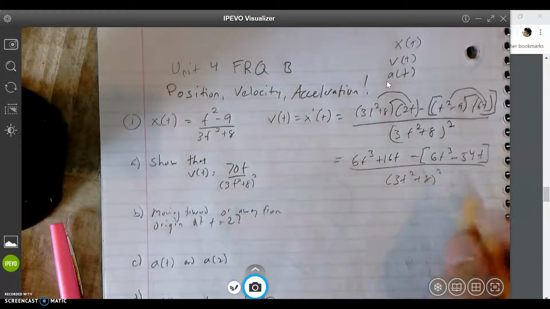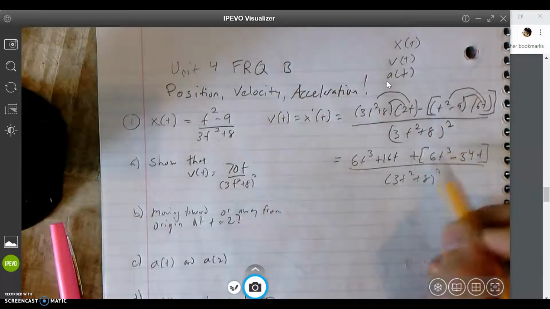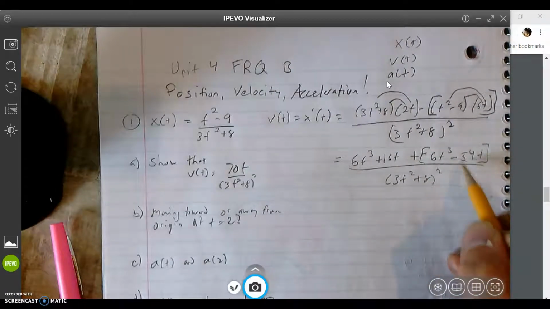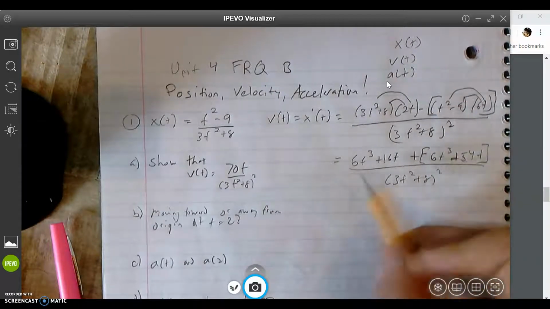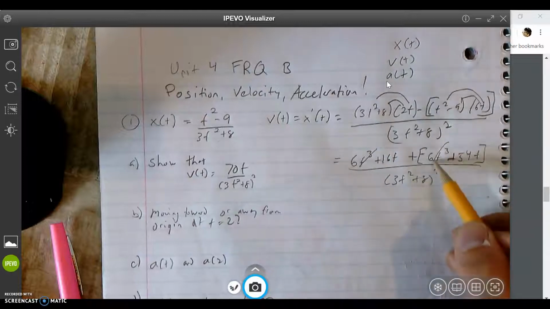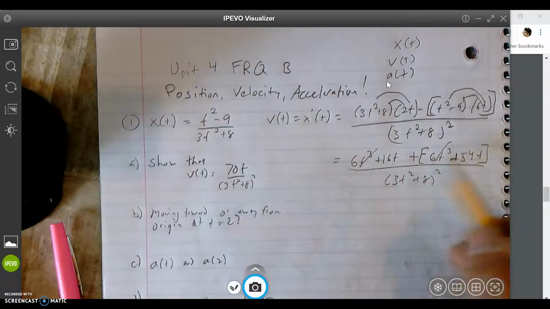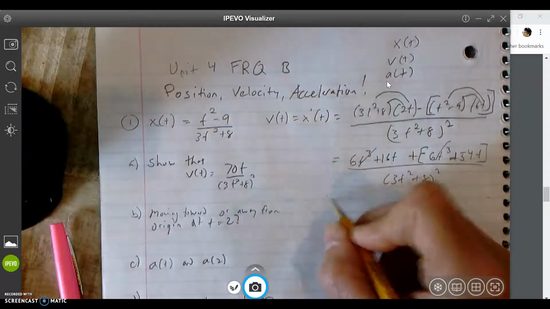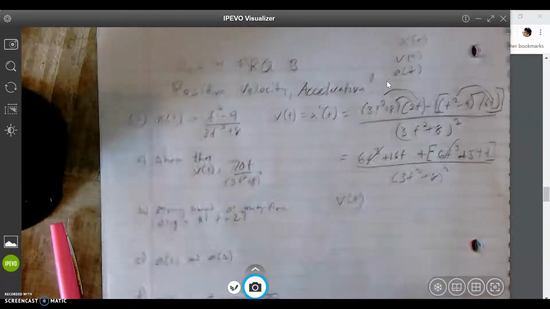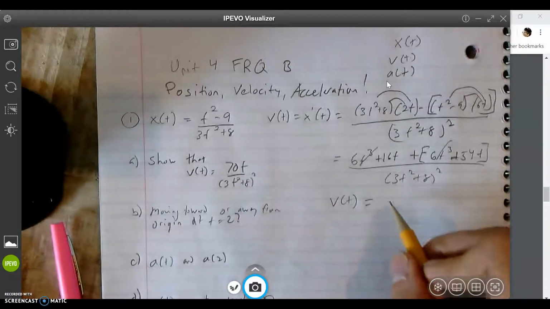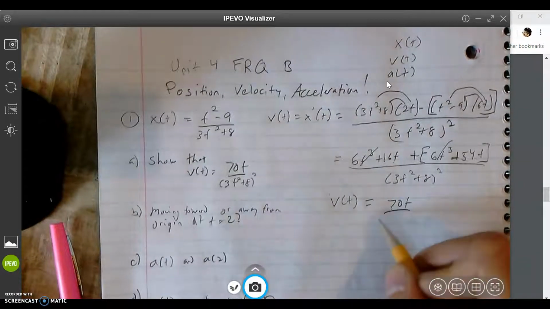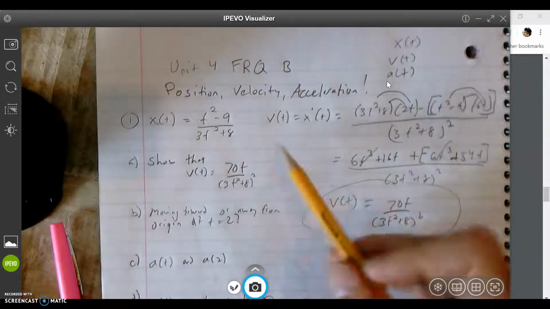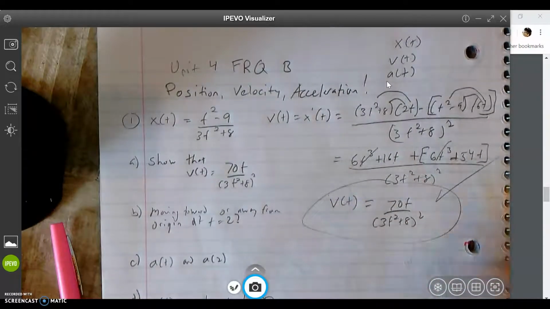All right, let's distribute this negative. So change the 6t to the third to negative and change the negative 54 to positive. So 6t to the third minus 6t to the third is 0. 16t plus 54t is 70t. Got it. So v of t equals 70t over (3t squared plus 8) squared. Boom, got it. Part A, done, easy.